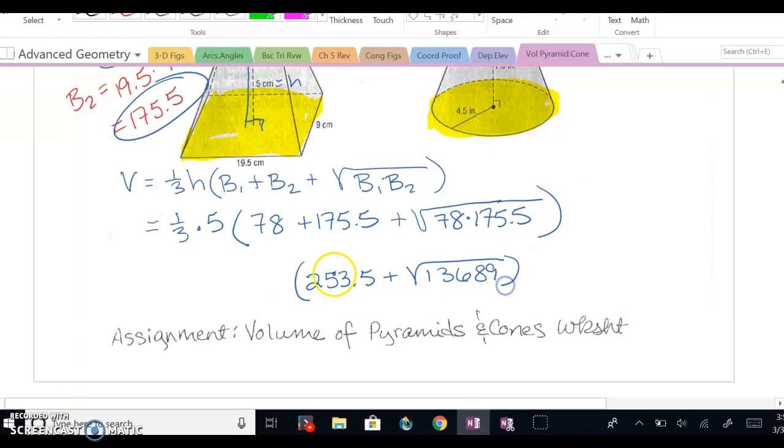All that in parentheses times 1/3 times 5. From there, I'm going to go ahead and take the square root of 13,689, which comes out to exactly 117. I'm going to add that to the, oh, come on, calculator. I'm going to add that to the 253.5.